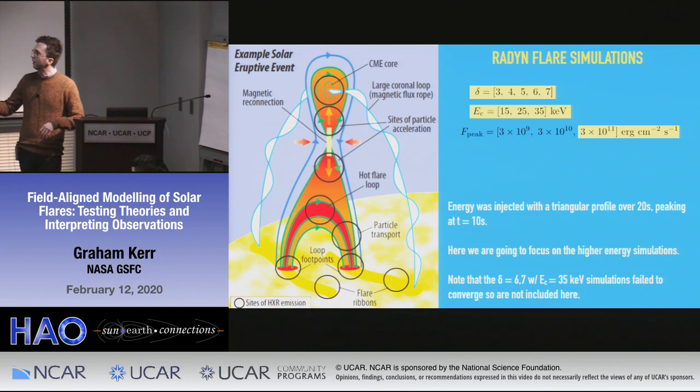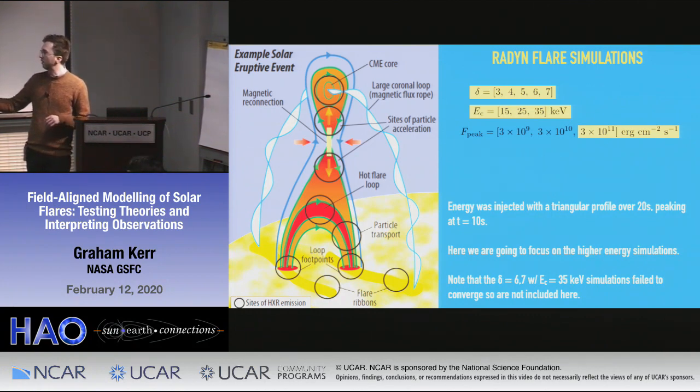These are various spectral slopes ranging from what we call a hard beam, which means you've got a relatively larger number of high energy electrons, and so they're able to penetrate deeper, to a soft beam, so in a kind of simplistic way, you're heating deeper with these beams and heating higher in the atmosphere with these beams. So we injected these electron beams with this profile, a kind of triangular pulse.